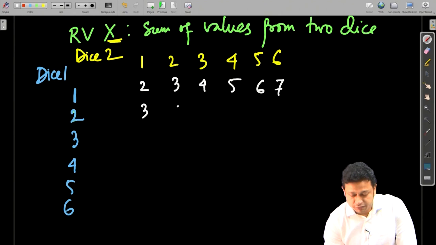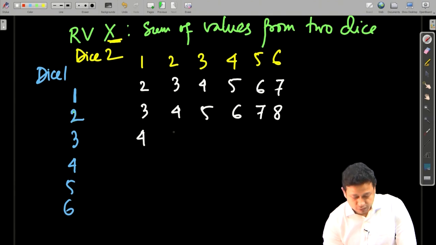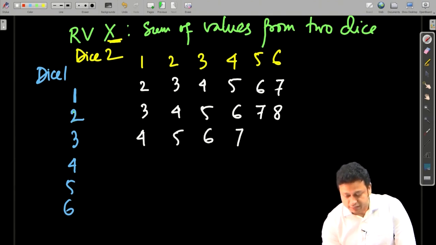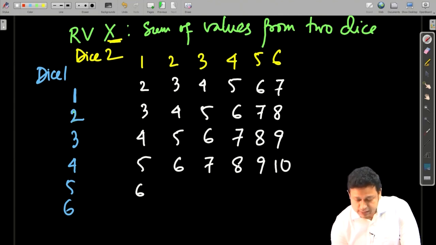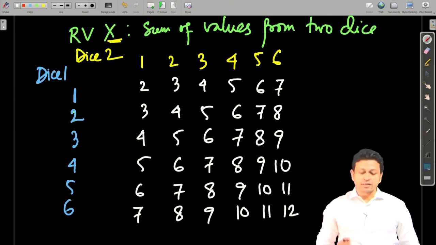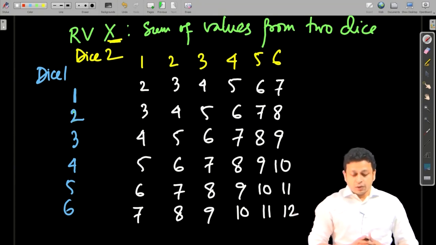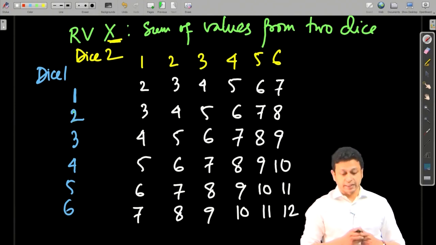Here I will have 3, 4, 5, 6, 7, 8, here 4, 5, 6, 7, 8, 9, then 5, 6, 7, 8, 9, 10, then 6, 7, 8, 9, 10, 11, and then 7, 8, 9, 10, 11, 12. So I will have all these different values, which represent the values that x can possibly take.